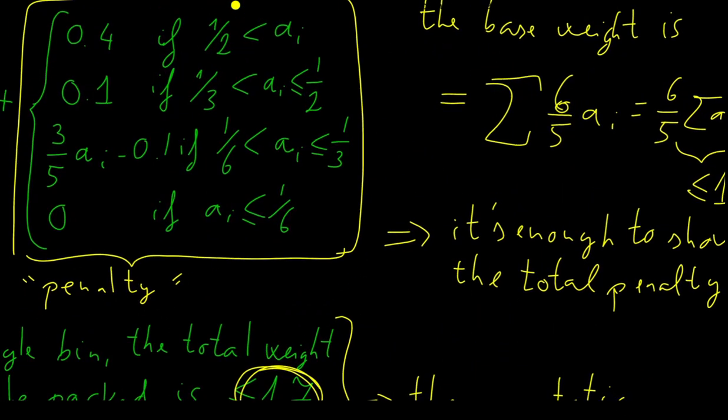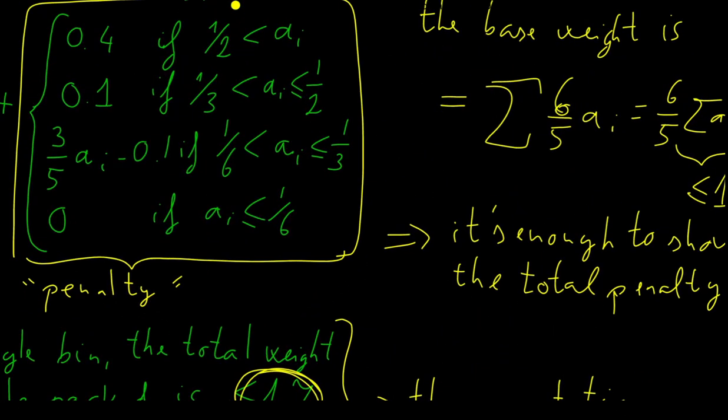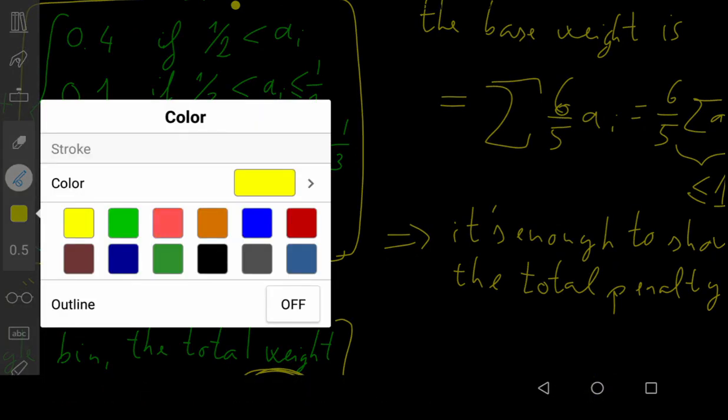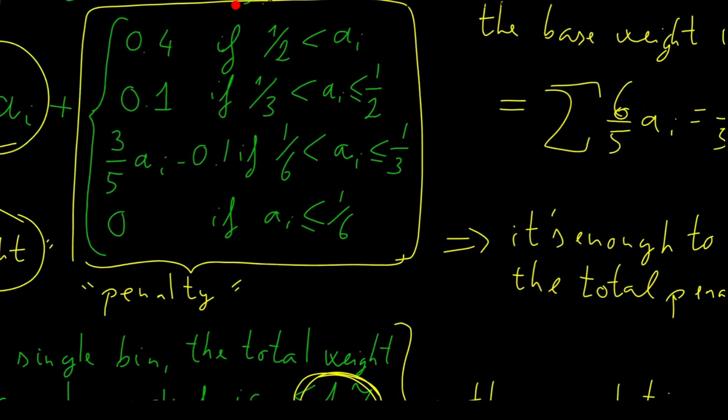Okay, so if we just want to compute the total penalty, then we don't have to deal with these objects because they all have a penalty of 0.